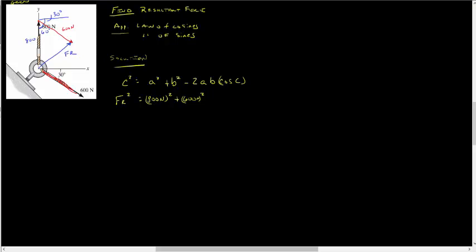And then minus 2 times 800 newtons times 600 newtons times the cosine of the angle we've solved for, which was 60 degrees. Perfect.